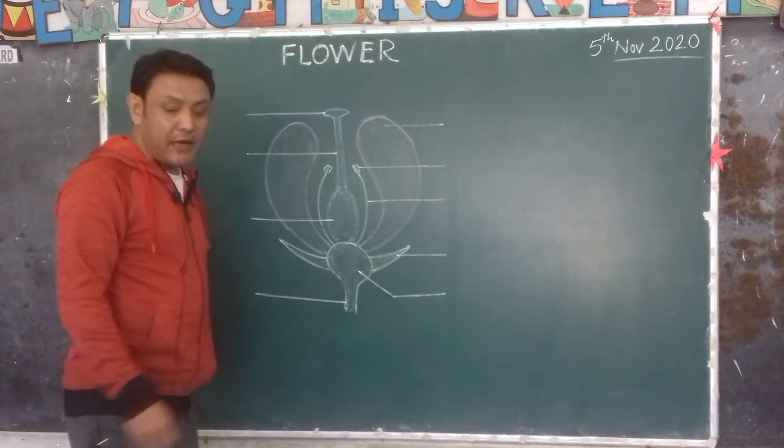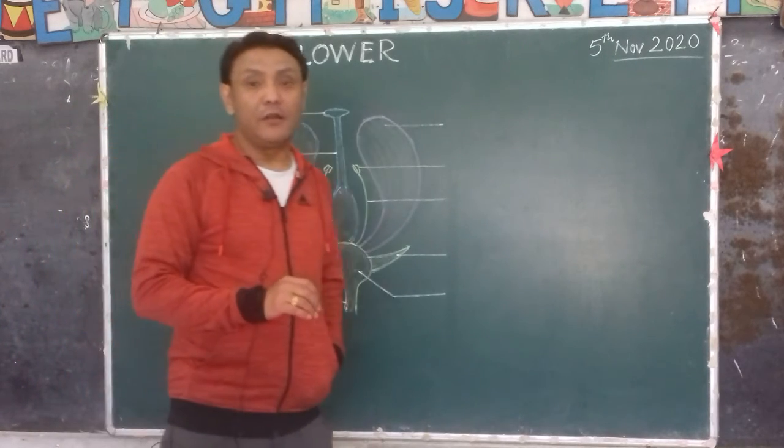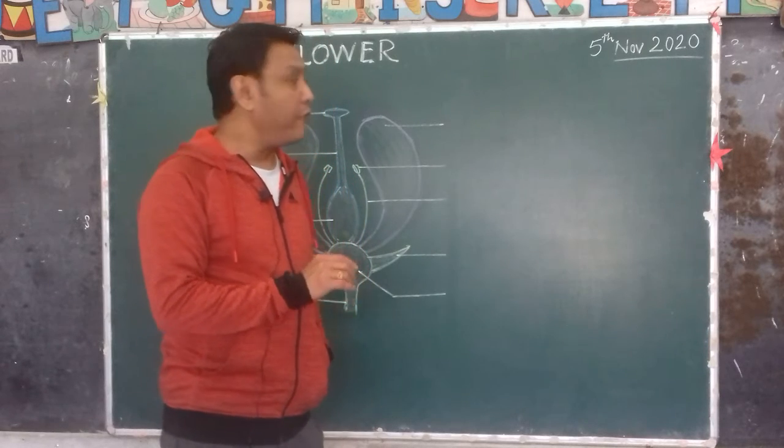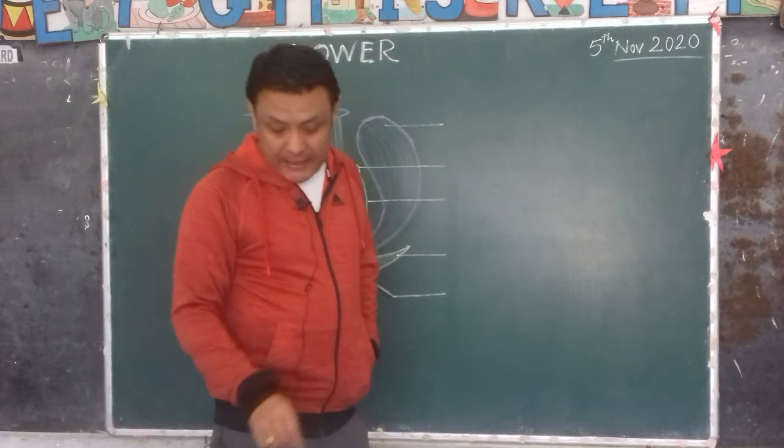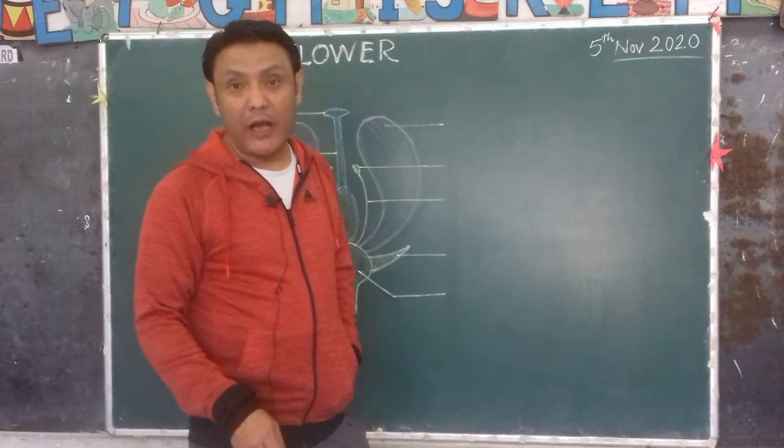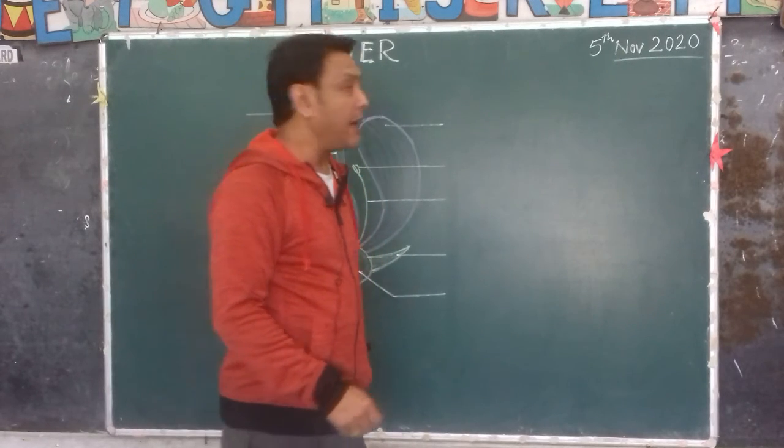Now, there are 4 whorls, different parts, let's say. The 4 whorls of the flower. What are they? They are the calyx, corolla, androecium, and gynoecium.